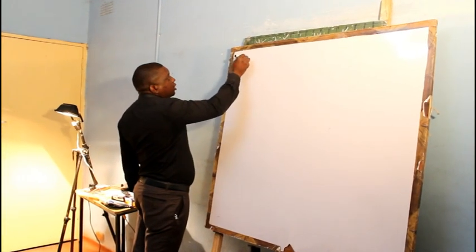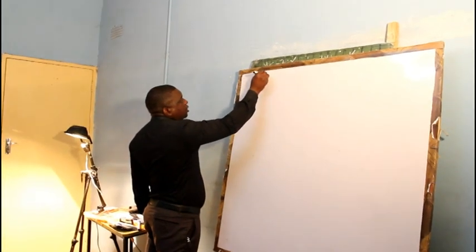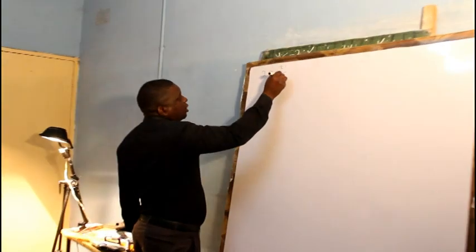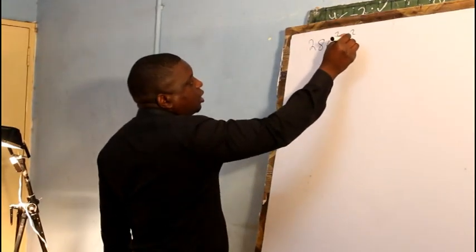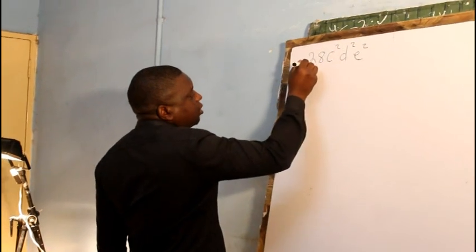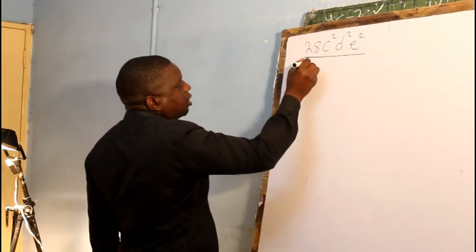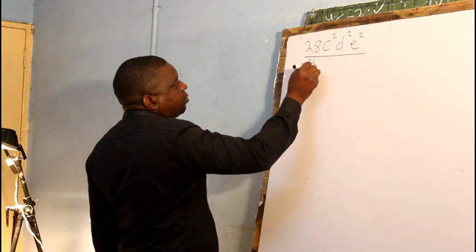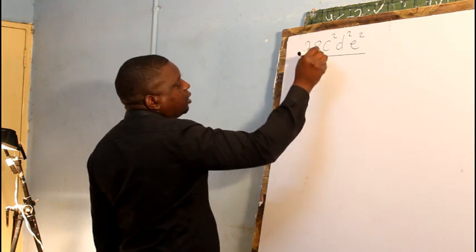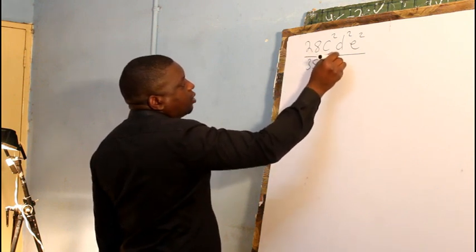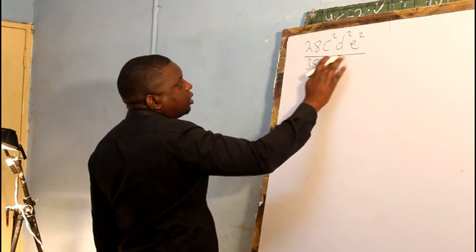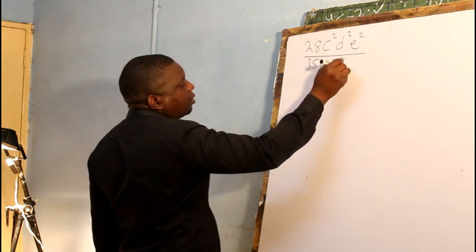28c squared d squared e squared over 35 c e to the power of what? E to the power of 4.